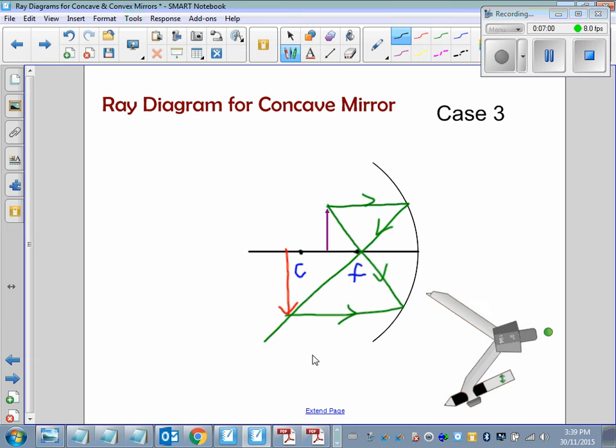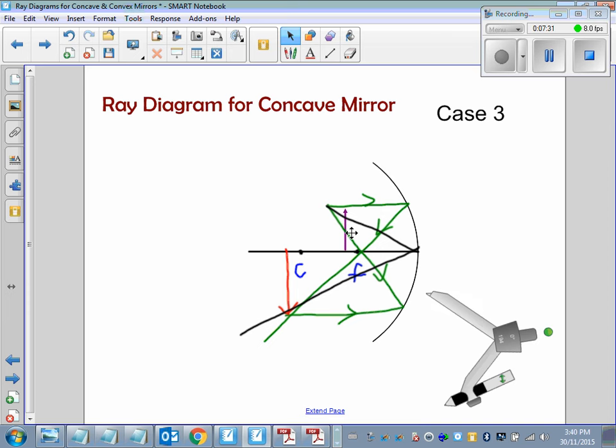I'm just going to show the vertex ray, which goes into the center of the mirror, and then follows the law of reflection, where the angle of incidence is equal to the angle of reflection, and they will all meet at that point. So in terms of the image, you can see it's outside the center of curvature, it's bigger, it's inverted, and it's a real image.